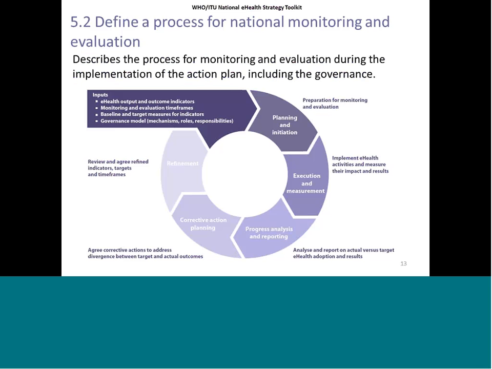And you'll see in there that you plan to do something, you execute and measure it, you look at the results and you take any corrective actions that are needed and refine it, and then you go on. And I think just the shape of that diagram gives the right visual impression of what it is we're trying to do. It's a continuing cycle of improvement.